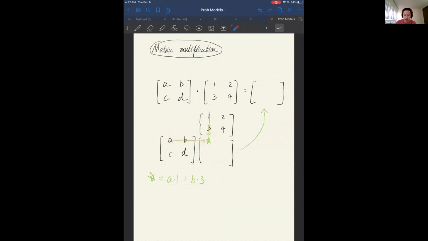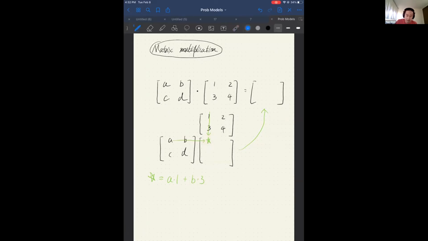It's like what's called the dot product, or inner product, from geometry. We look at the first entries and multiply them, which gives us A times 1. Then we do the second entries, B times 3, and we just add them. This gives us the resulting entry at the star.